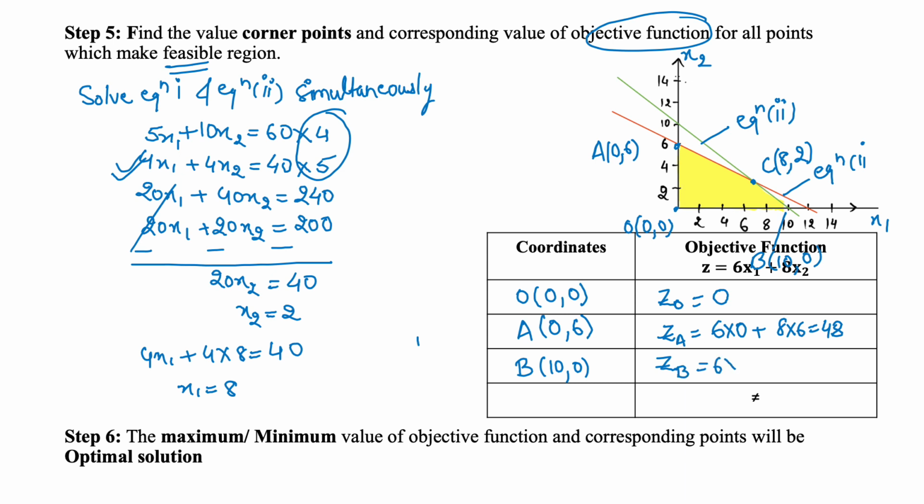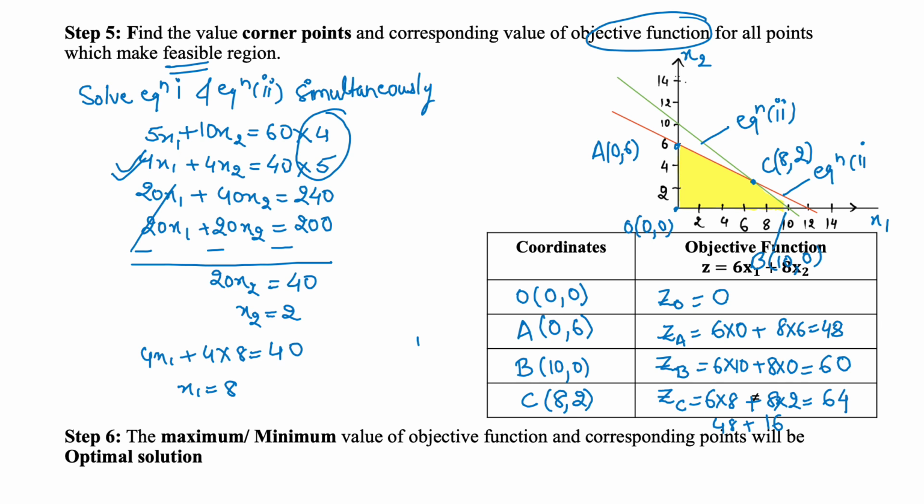It is 6 into 10 plus 8 into 0, so it is 60. The last corner point is C, where x1 is 8 and x2 is 2. Its objective function value is 6 into 8 plus 8 into 2, which gives 48 plus 16, so its value is 64.